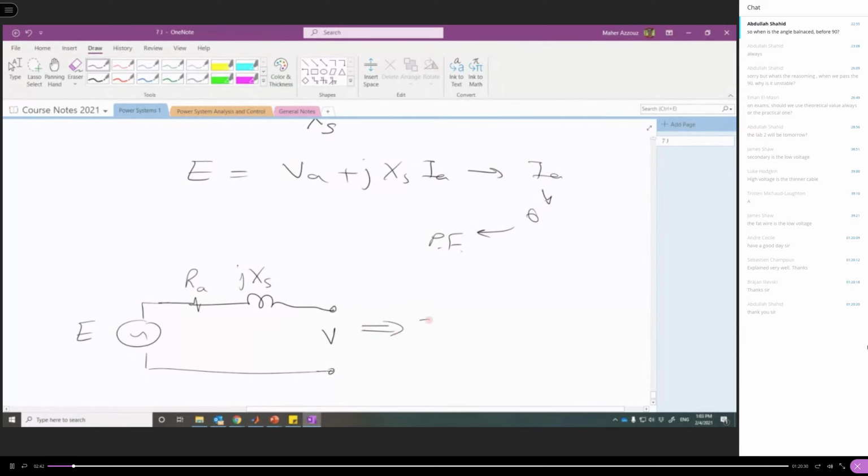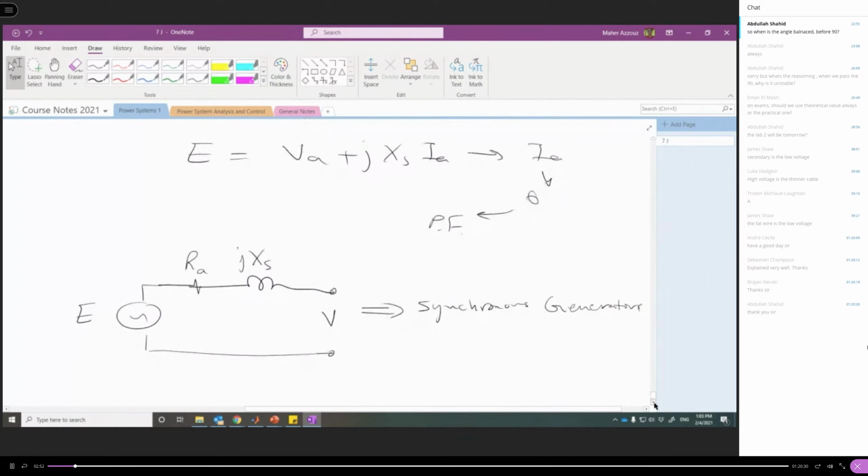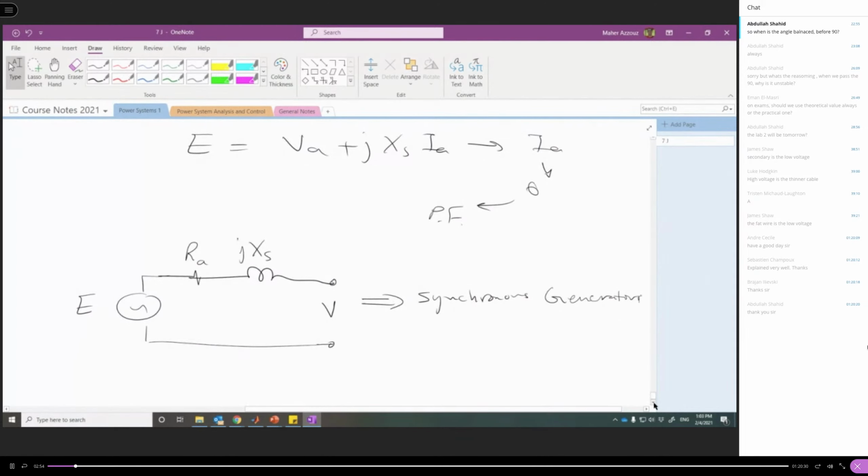This circuit represents the steady state model of the synchronous generator. And as we explained before, this course is basically on steady state analysis, the power flow analysis of power systems. So we need a steady state model.